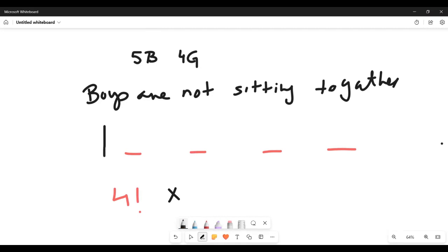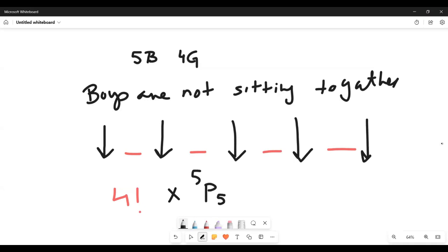So a boy can sit here, a boy can sit here, a boy can sit here, here, or here. That's 1, 2, 3, 4, 5. 5 spots, 5 people. So 5p5 or 5 factorial. So that's again 4 factorial times 5 factorial.